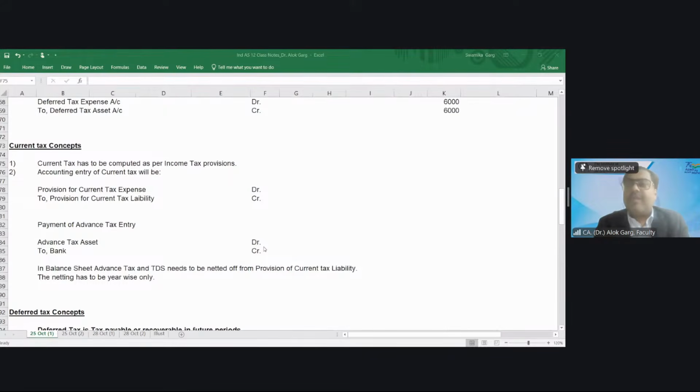On carry forward losses, Karthik, tell me one thing. If there are losses which are going to be carried forward, will you get a benefit of these losses in future under income tax provisions? Yes, sir. 8 years, you can carry forward and set off the losses for a period of 8 years.